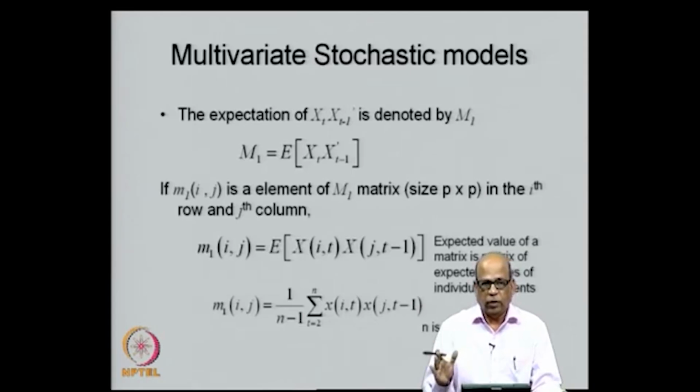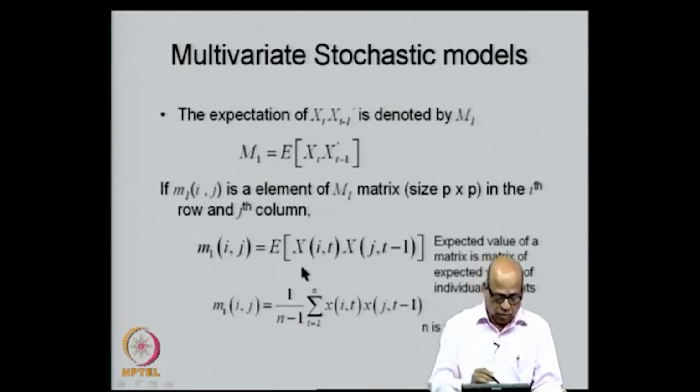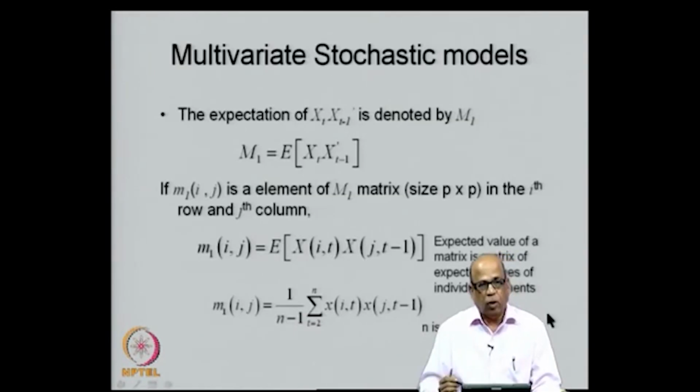And what is the form of the data that we have? At each of the p sites, we have a time series t equal to 1 to n. Let us say you have annual flows at each of the p sites, and let us say you have 40 years of flows. So, t equal to 1, t equal to 2, t equal to 3, etcetera, up to 40 years at site number 1, at site number 2, etcetera, up to site number 40. So, this is how you define M 0 as well as M 1.